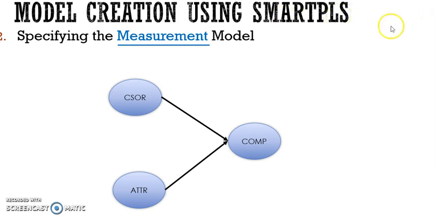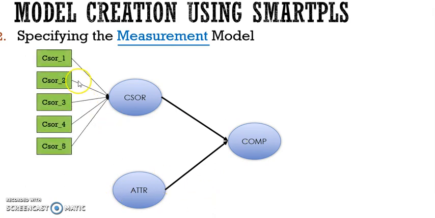For example, we have here corporate social responsibility, attractiveness, and competence. This is the structural model, and we want to draw the measurement model indicators that reflect the corporate social responsibility.